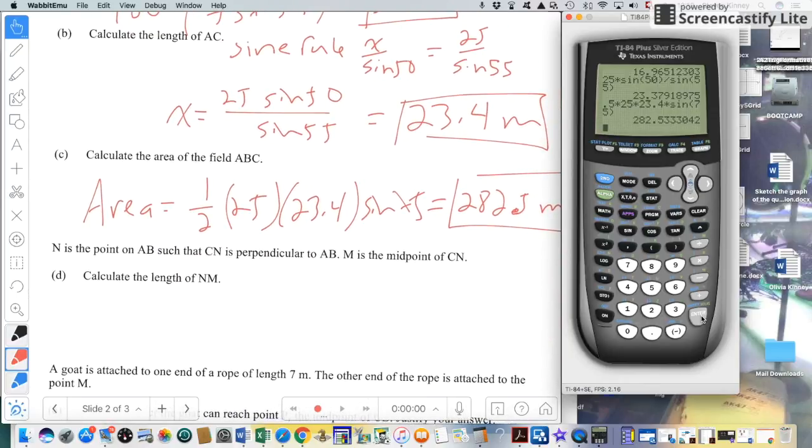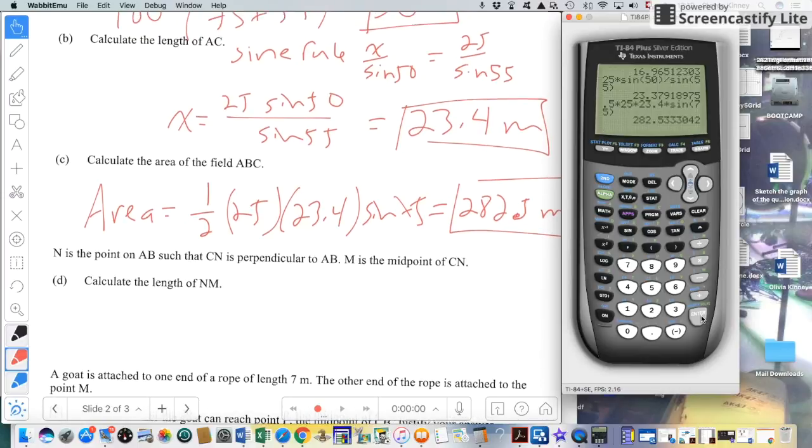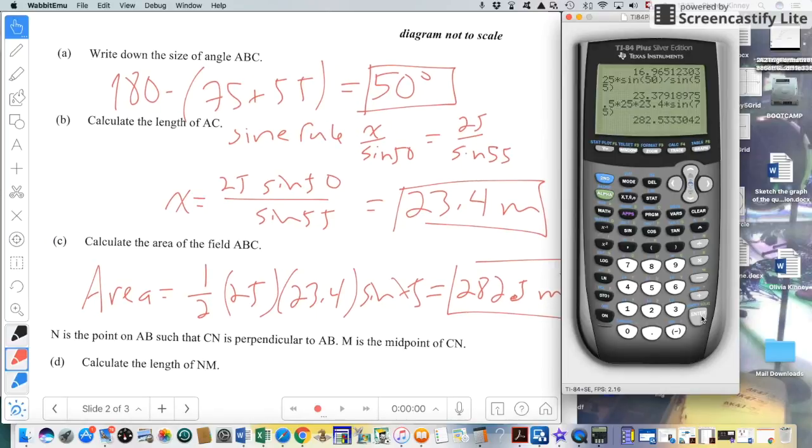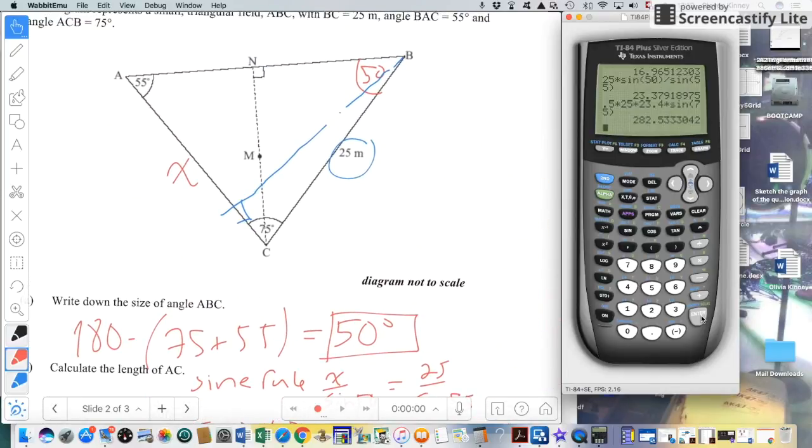Calculate the length of NM. We're given a lot of information there about it being the midpoint of a side and everything. I'm going to use the sine rule again. This time, CN, which is the entire length there, this entire length is opposite a couple of angles here.